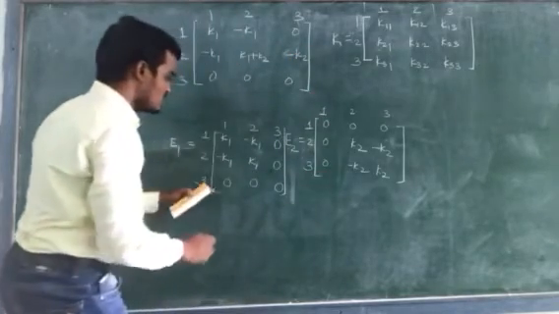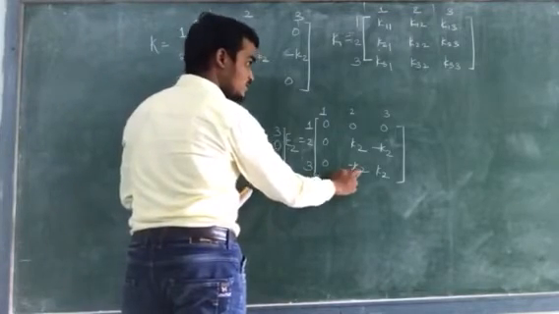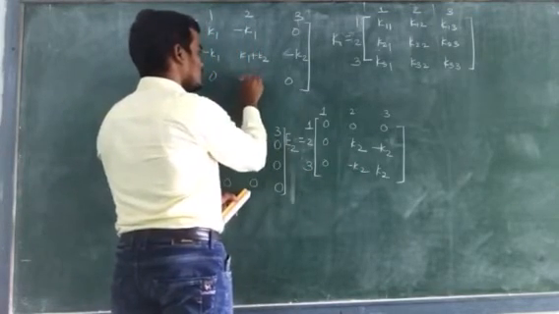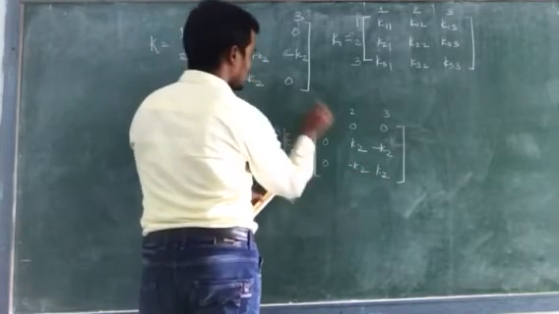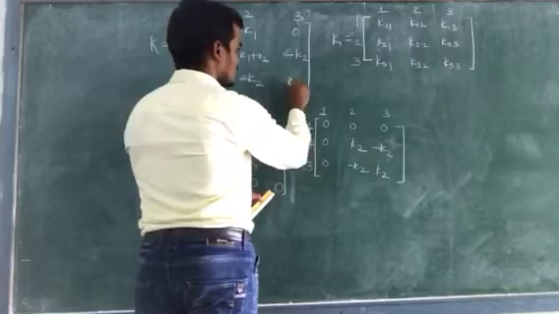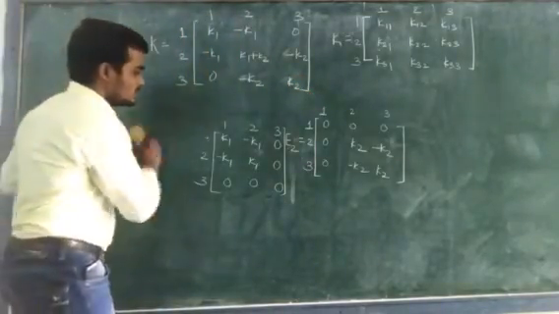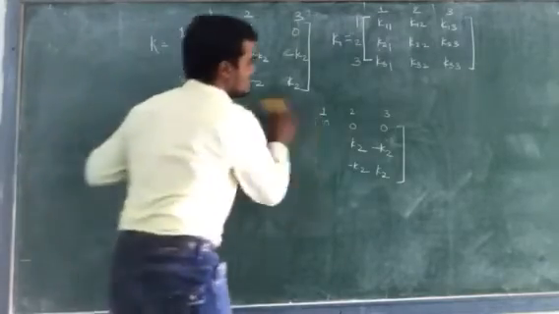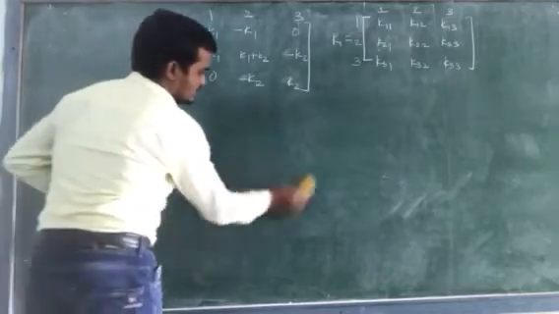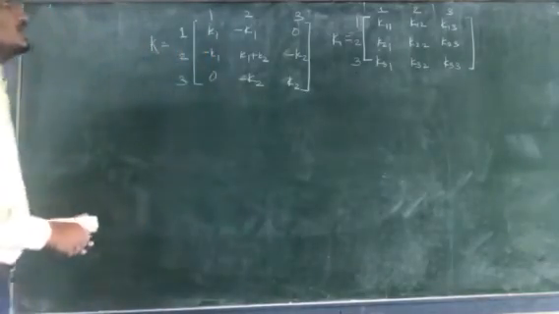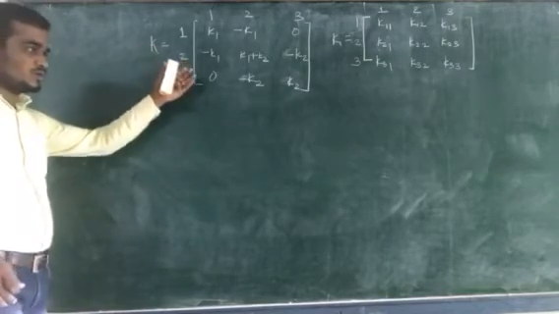Then for third row, 0 plus 0, 0; 0 plus minus K2, it will become minus K2; and 0 plus K2, it will become K2. So in this way, you can construct the global stiffness matrix between 1, 2, 3 position. So you will get the global stiffness matrix for the two elements.